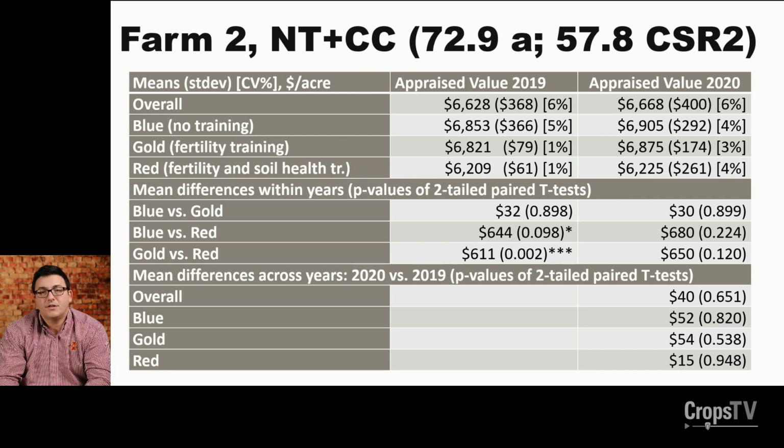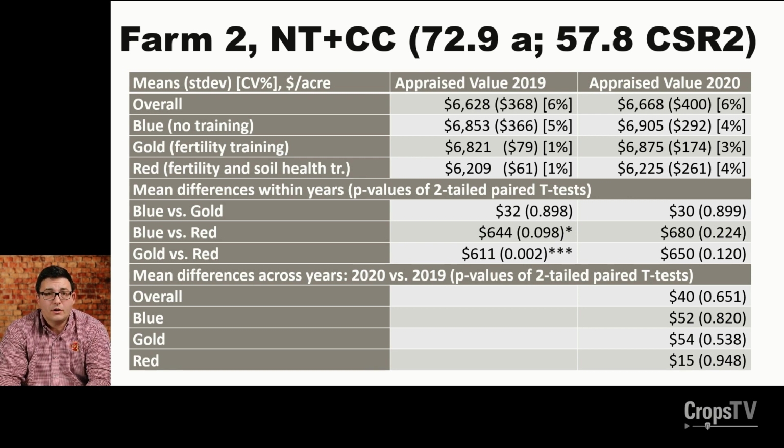That's where you see the asterisks in the middle of the table, but that did not happen again in 2020. And when we evaluate the changes from year to year by team or for the overall analysis, those differences in appraised value are not statistically significant, and even they are small in levels, right, in dollars per acre.